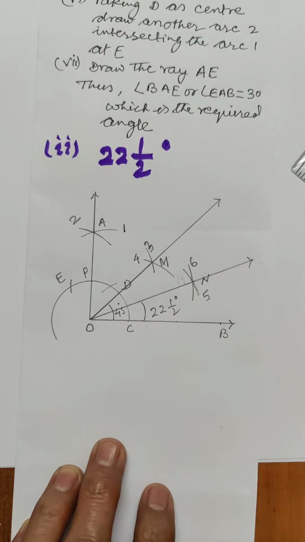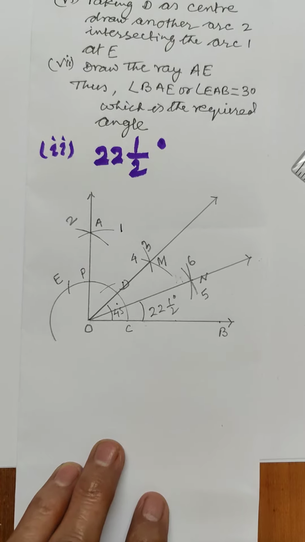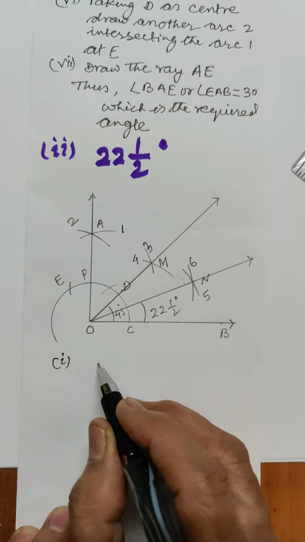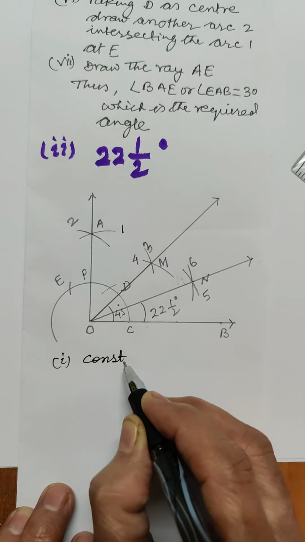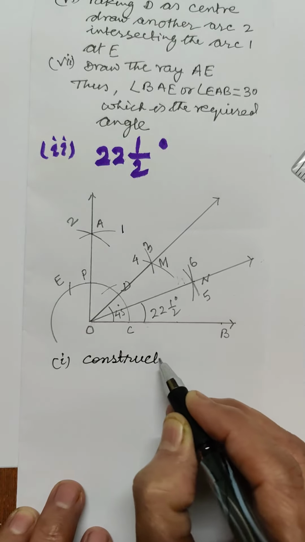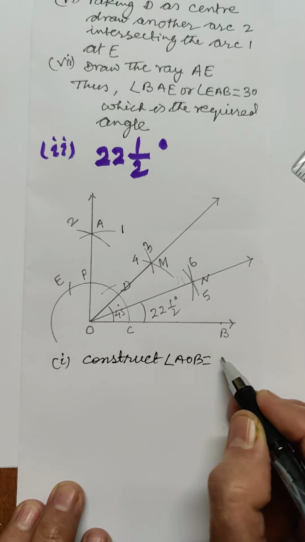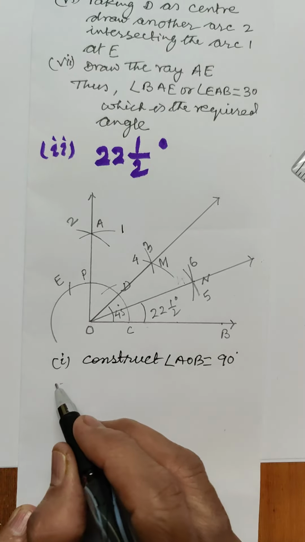So let us write the steps of construction. Very simple. First we have constructed angle AOB equal to 90 degree as in question 1.